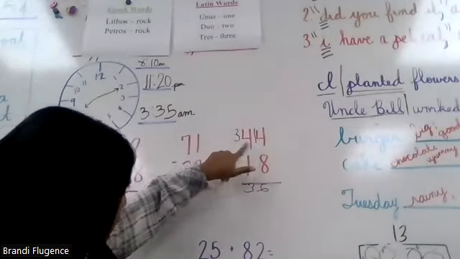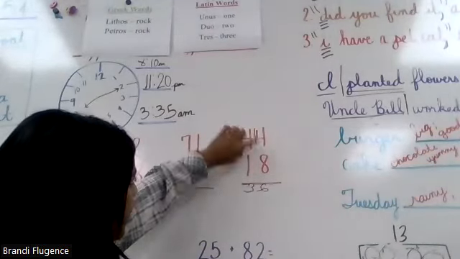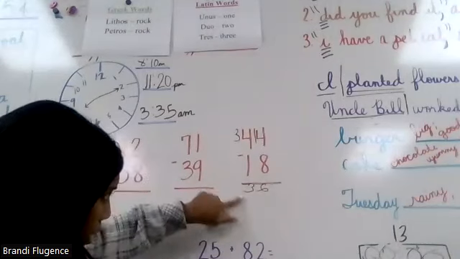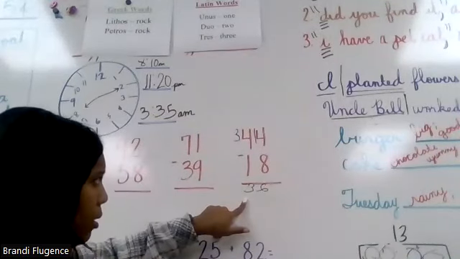So we take 10 from 44, becomes 34, add that 10 to 4, 14 minus 8 is 6, 3 minus 1 is 2.